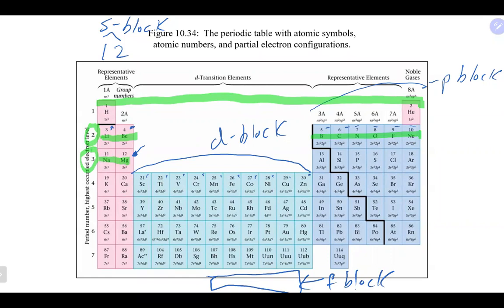You could go down to, say, calcium, which would then continue. This would then be 3p6. And then this is now 4s2 for calcium. So you could count off electron configuration from the periodic table, but you do have to understand a couple important things. One important thing is, d orbitals start on what energy level?